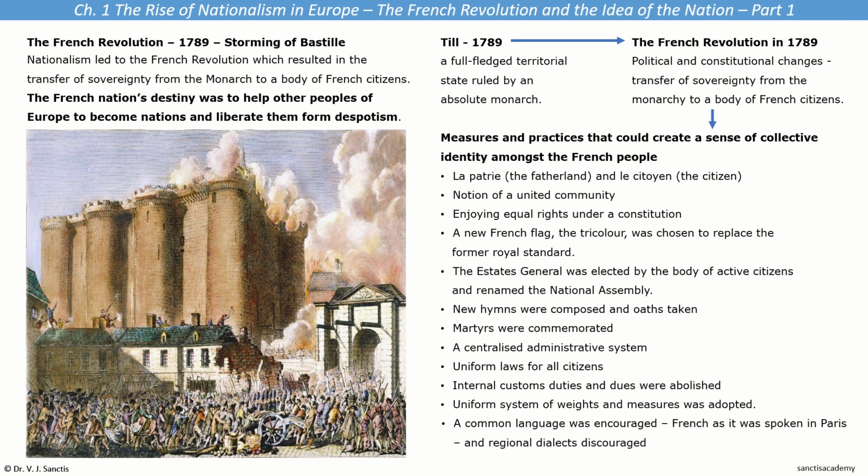The French nation adopted a uniform system of weights and measures, so everyone's contribution could be measured equally. In addition, the French nation's destiny was declared to be to help other people of Europe become nations and liberate them from despotism.